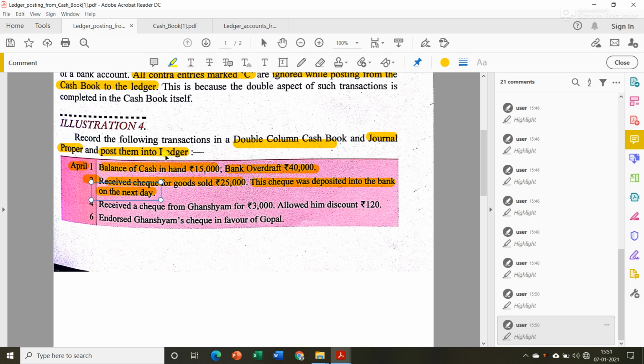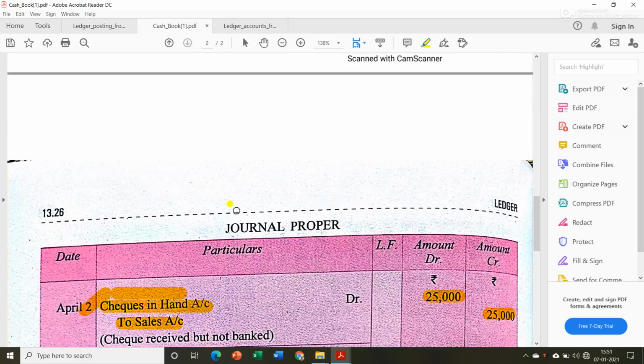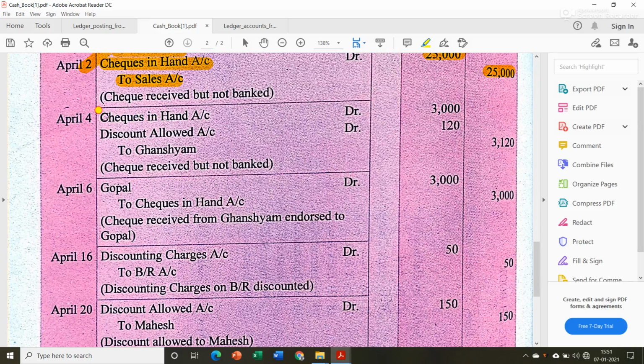Now let us see the next transaction. On April 4, received a check from Ghanshyam for 3,000, allowed him discount 120. So they said only that we received a check from Ghanshyam, and we allowed him discount. For this we have to pass a journal entry. On April 4 we received checks in hand, we allowed discount, 3,000 and 120 respectively, and who is the giver?